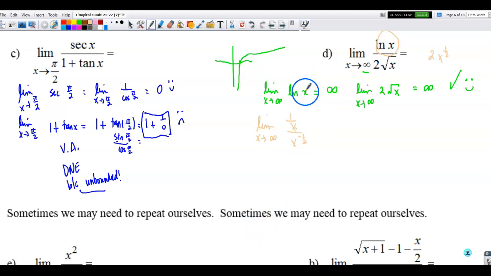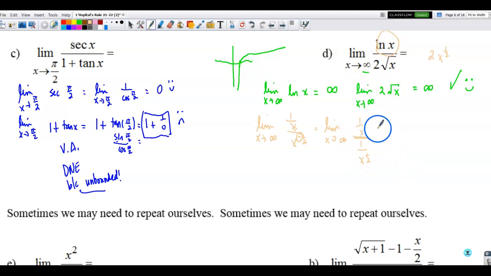Okay? So let's see, how do we want to clean this up? This is the same thing as the limit as x goes to infinity of 1 over x over 1 over x to the 1/2 power. I have a negative power right here, so I can move that to its own denominator. This is my big fraction bar right here.